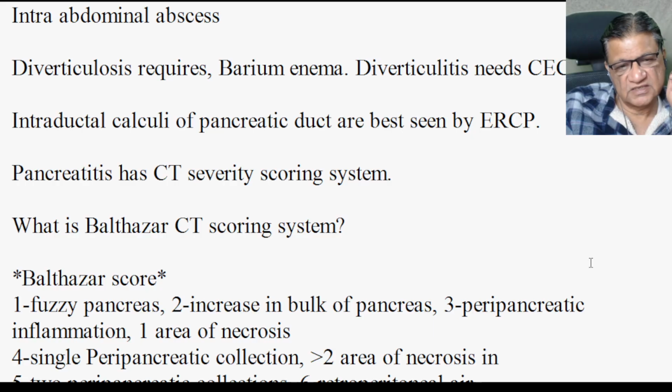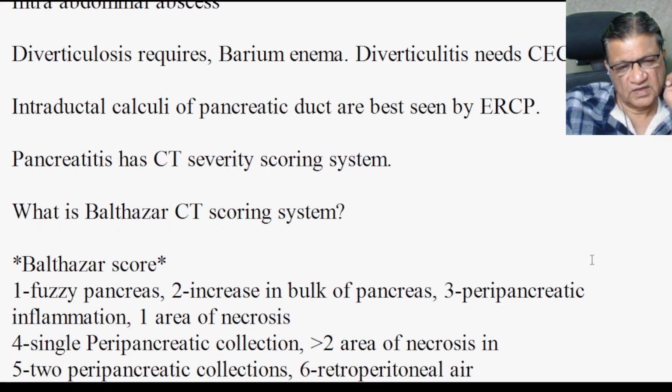Pancreatitis has CT severity scoring system. What is Balthazar CT scoring system? The first one is fuzzy pancreas, second is increase in the bulk of pancreas, third is the peripancreatic inflammation and area of necrosis.